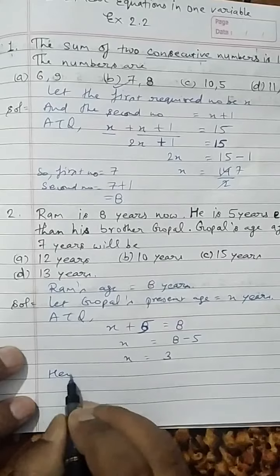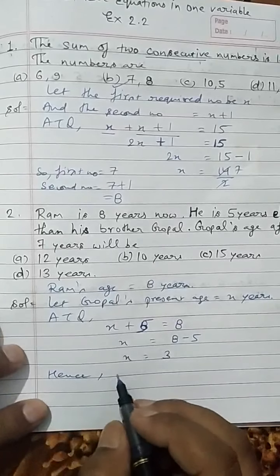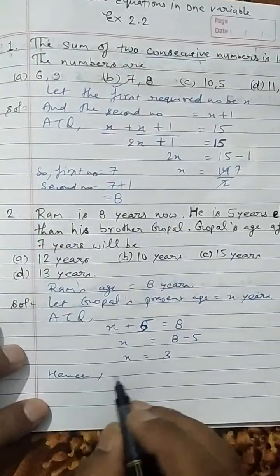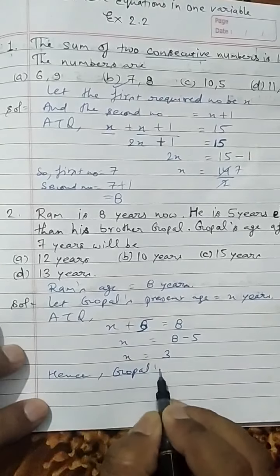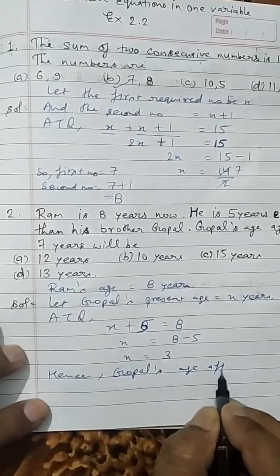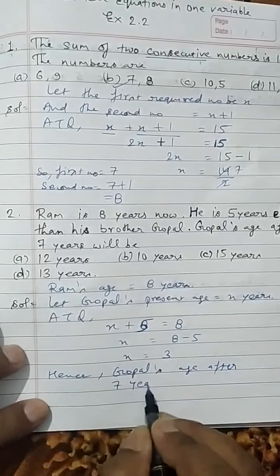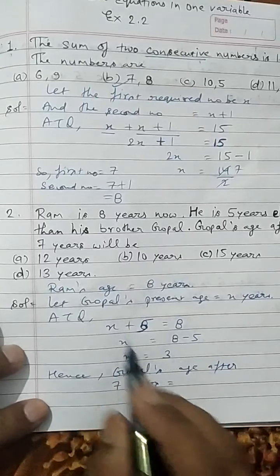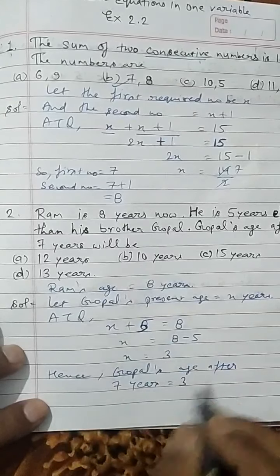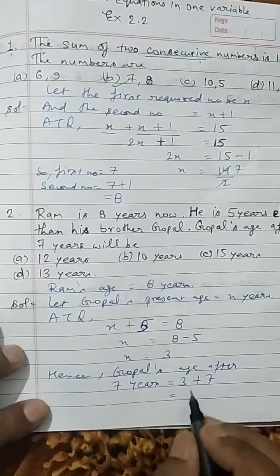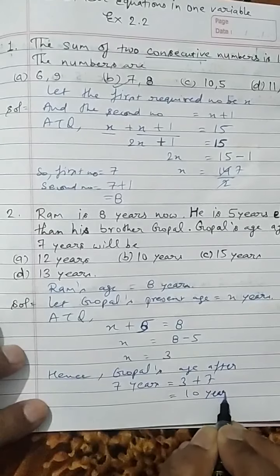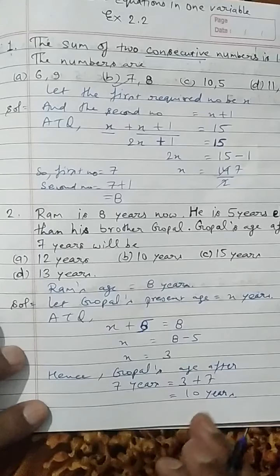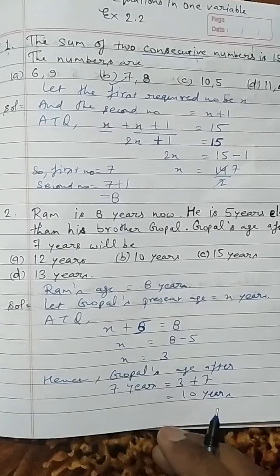Hence, the question is asking Gopal's age after 7 years. Gopal's present age is 3. So after 7 means plus 7. So 3 plus 7 gives you 10 years. So 10 years is the age that Gopal will get after 7 years.